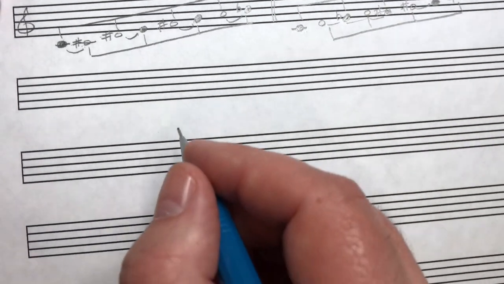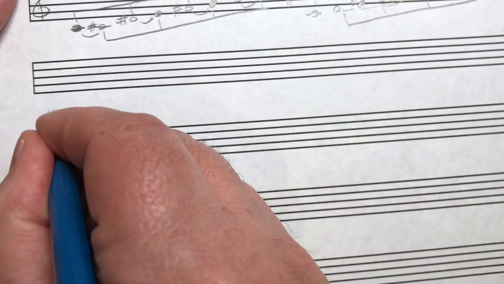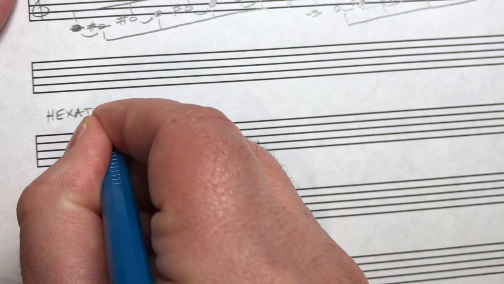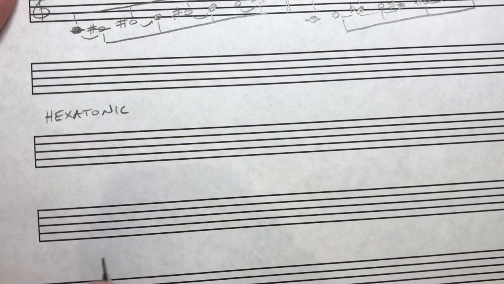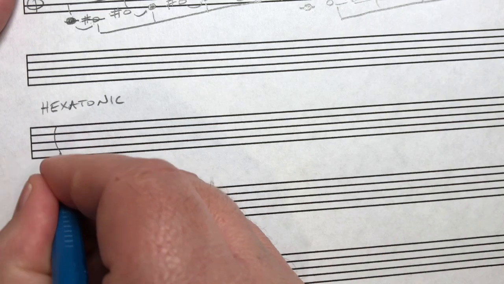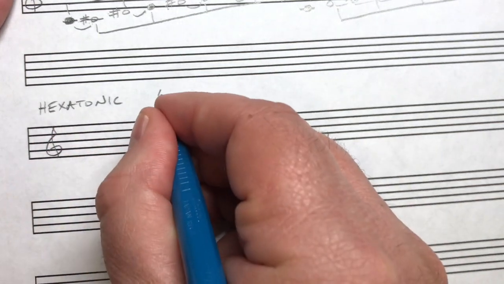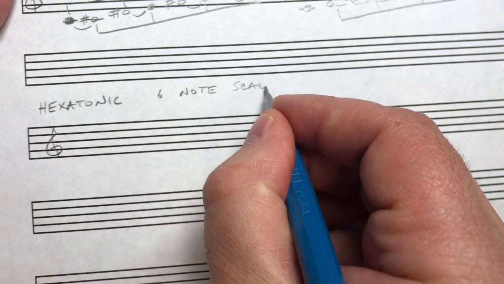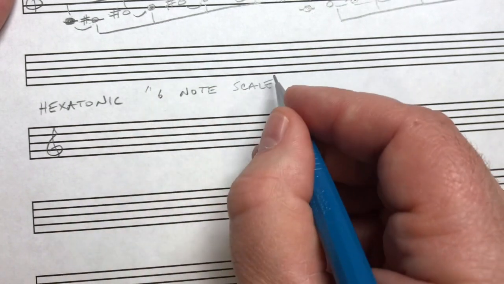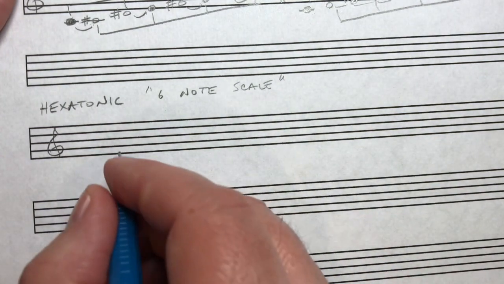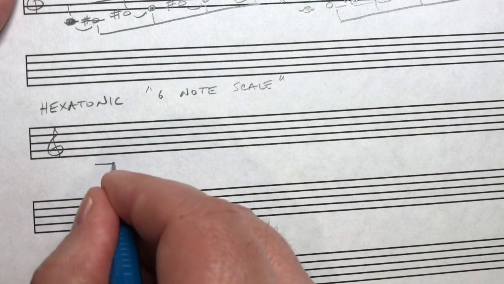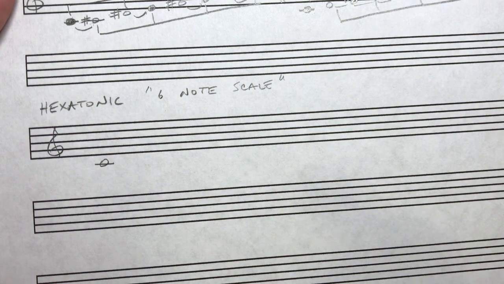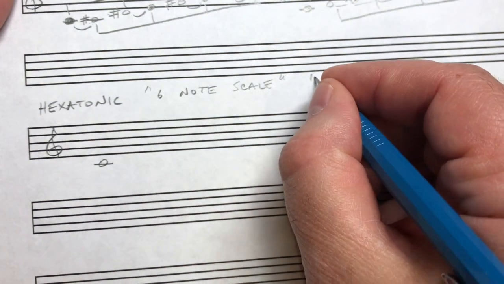So the last one we'll talk about is the hexatonic. The hexatonic scale, literally 6-tone scale, is similar to the whole tone in that it has 6 notes, but the pattern is going to be half step, minor third.